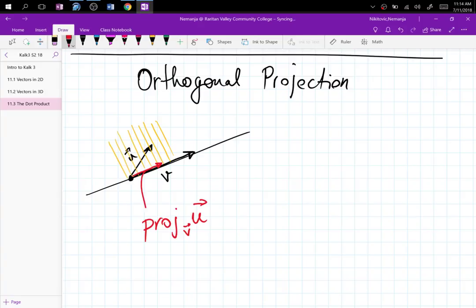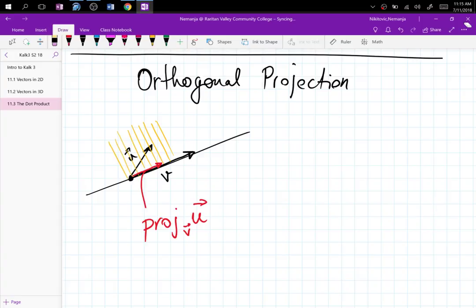So I don't care in which direction vector v goes, projection will go in the same direction. That's what's important. So we don't have to set this up on the horizontal surface. No, it works in any angle, as long as you shine the light perpendicular to vector v.